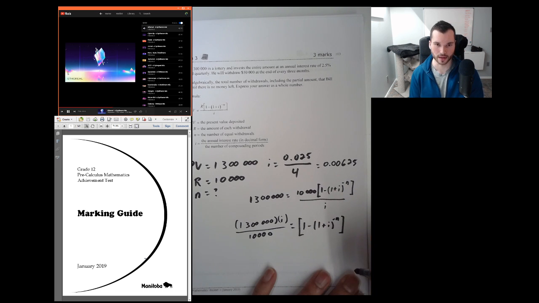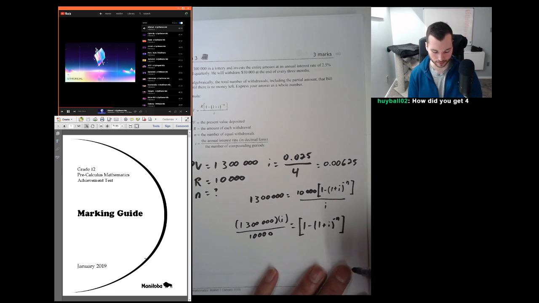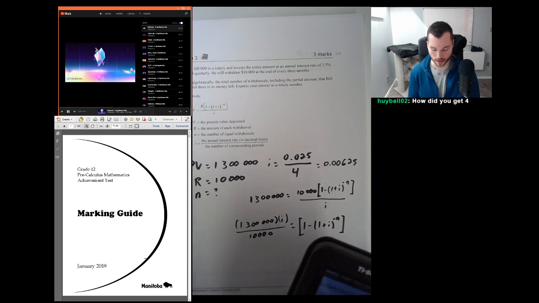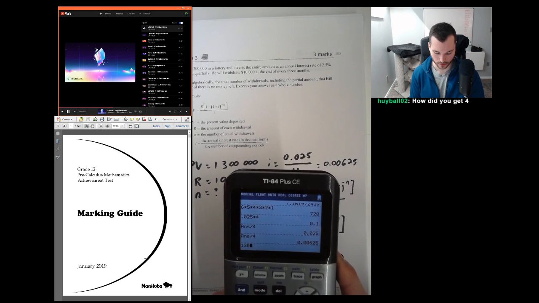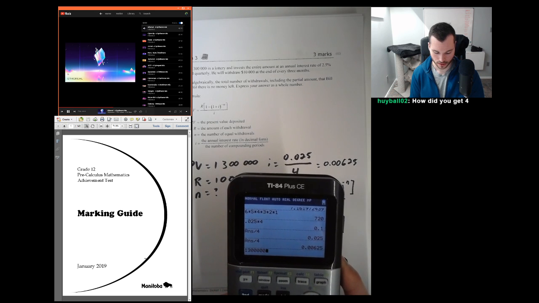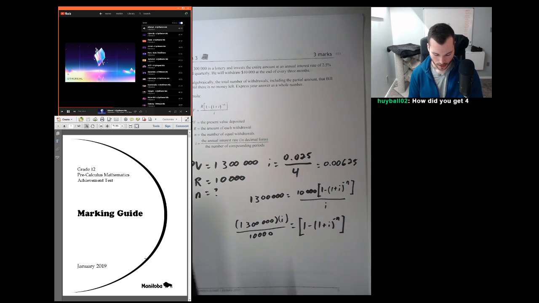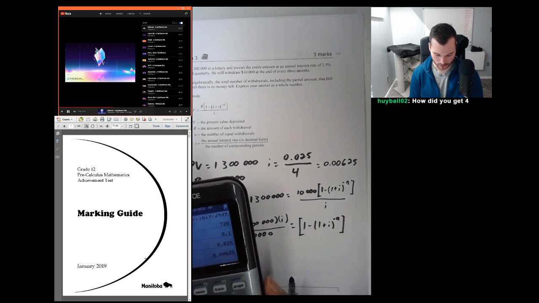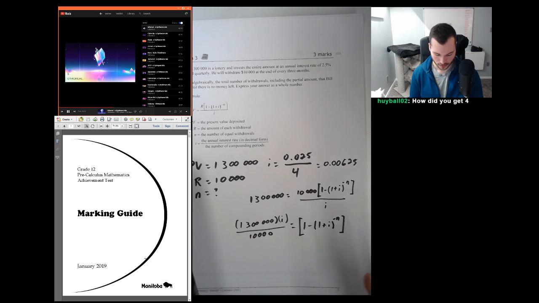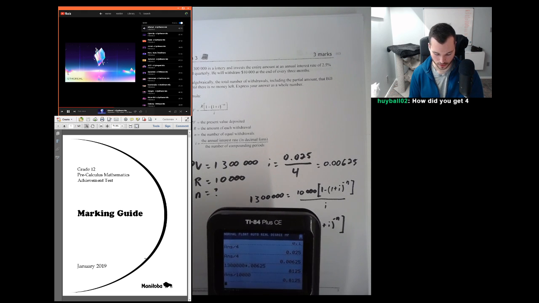And again, I'm just not writing i because it's kind of an ugly decimal to put in there. Anyways, I'm going to do this work with my i. So we got 1,300,000. I'm going to multiply that by 0.00625. Then I'm going to divide that by 10,000. Good.